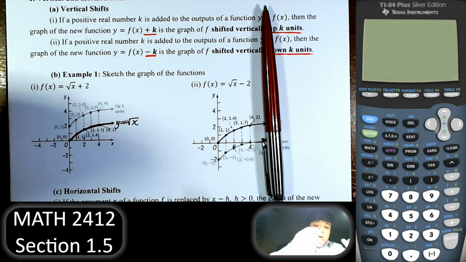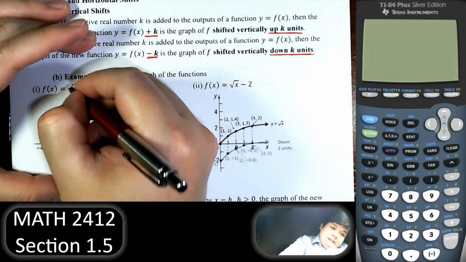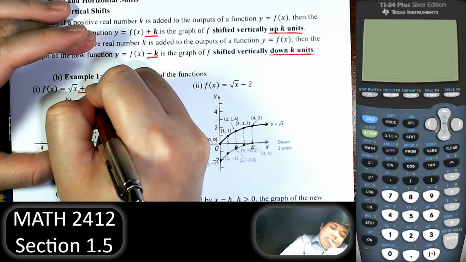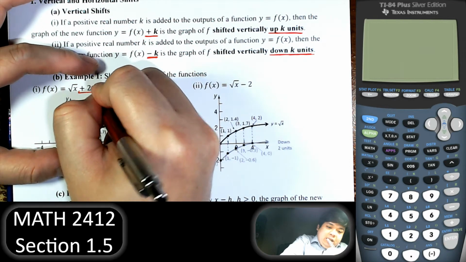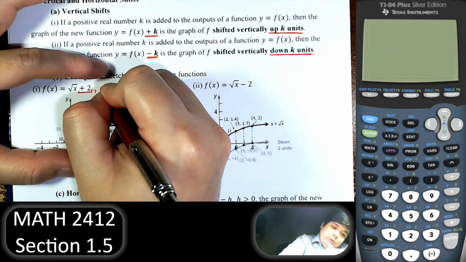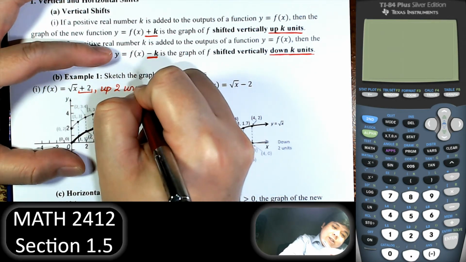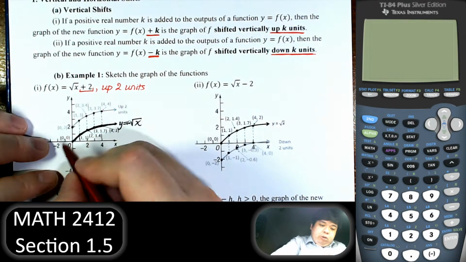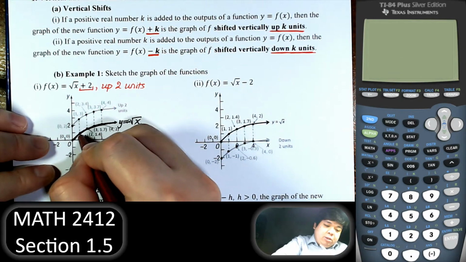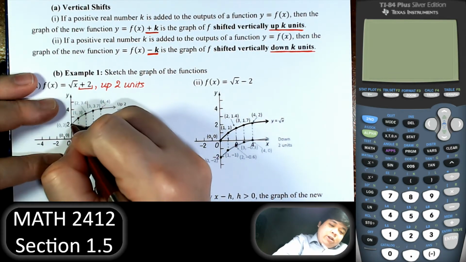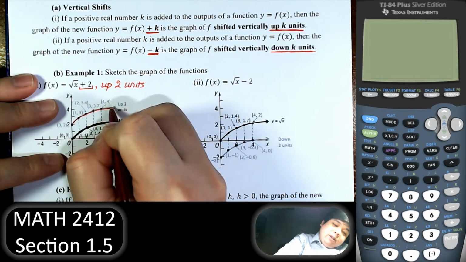Now everything will move up 2 units because we have the plus 2 here. So for this point, go up 2 units, this point go up 2 units, and so forth and so on. We have the graph.